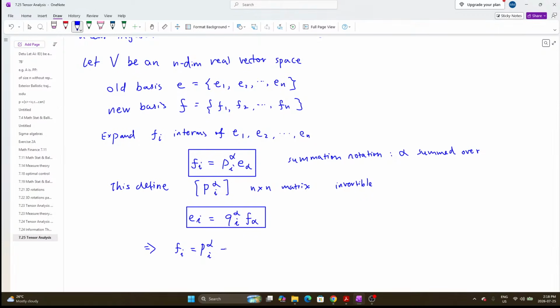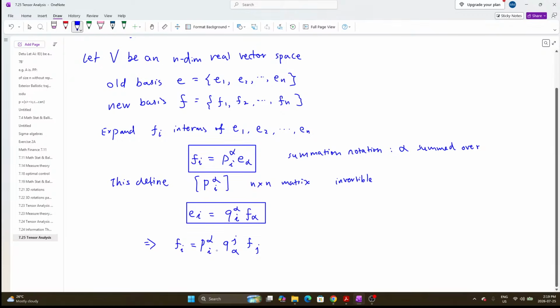Well, E alpha is, let's replace I with alpha, and then you need to change alpha in the second equation to something else, say Q beta alpha, Qj alpha, and then Fj.